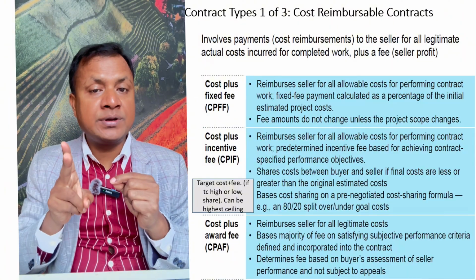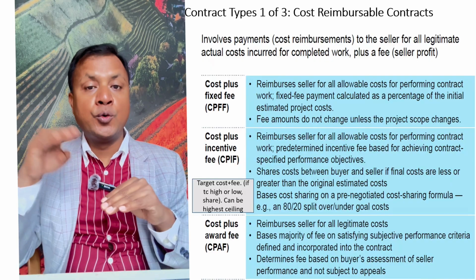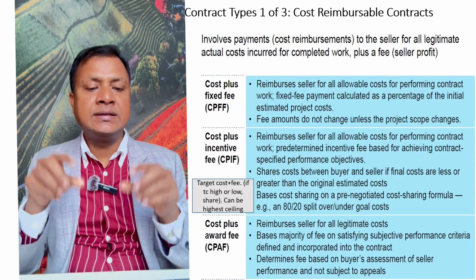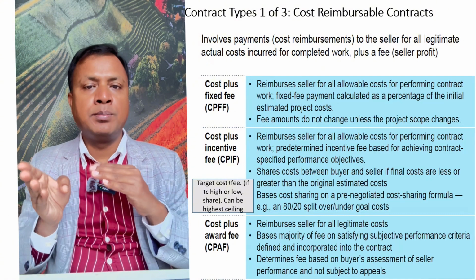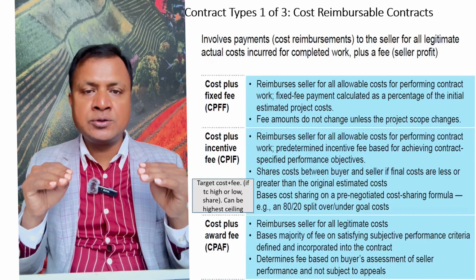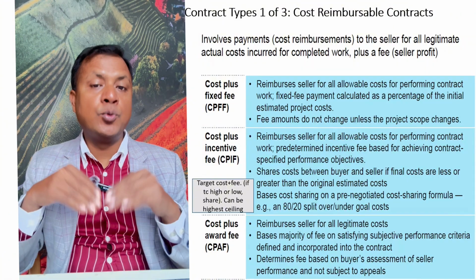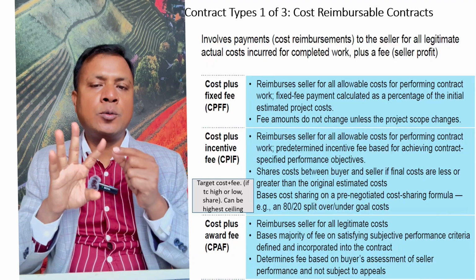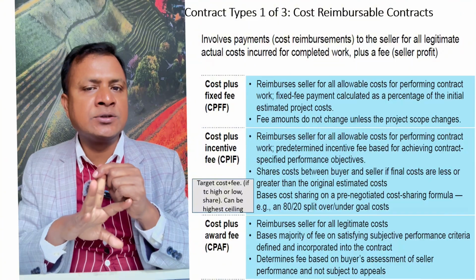But another important point here is that if the cost is more than the decided agreement, in that case the cost will be shared by both buyer and seller. Maybe it's 50-50 or 80-20. It should be shared if the cost is more than the decided price. So here we will provide the cost and also will provide the incentive based on the performance.